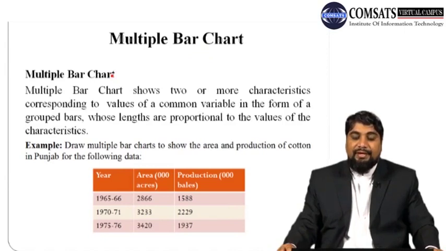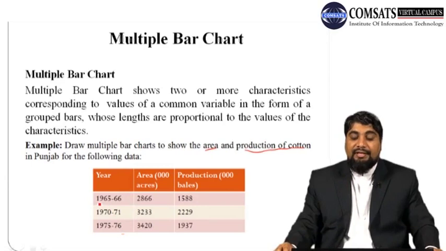So अब इसको explain करने के लिए भी एक example लेते हैं. So suppose we have data on area and production of cotton in Punjab. So for the years 1965 to 1976.